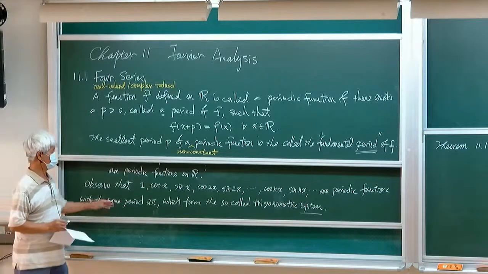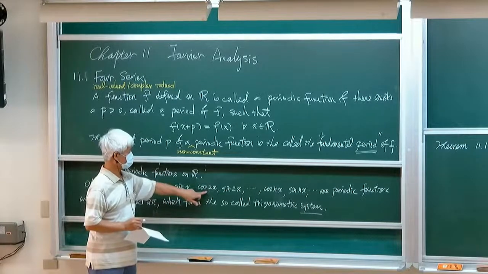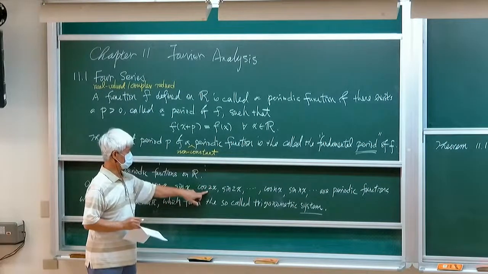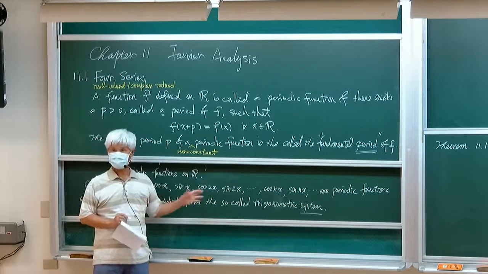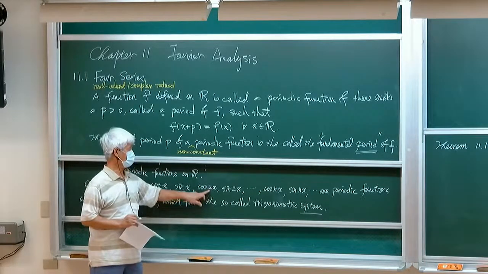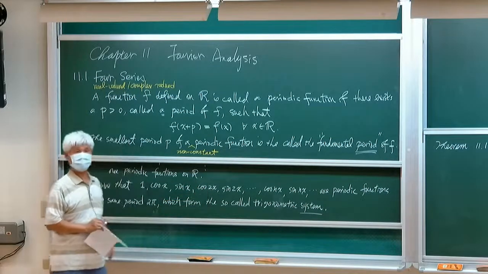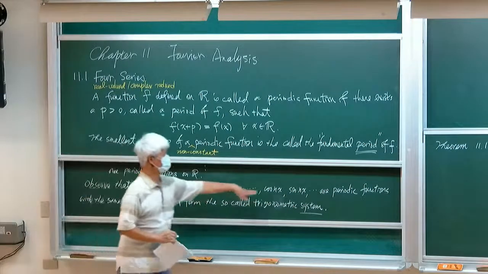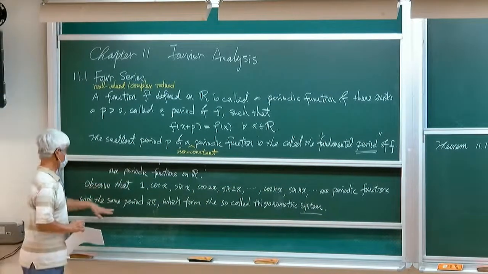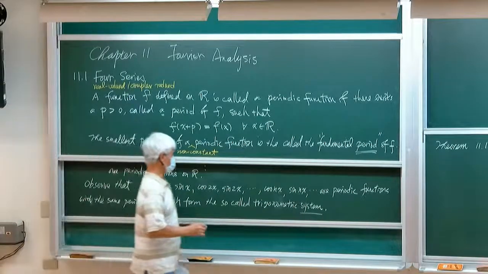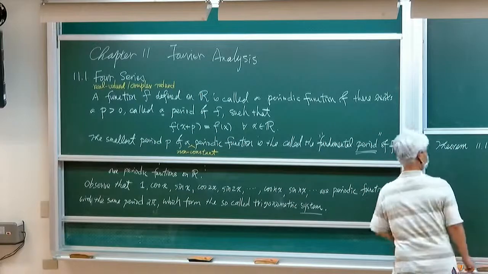Even though the fundamental period of cosine 2x is pi, right? It is pi. But 2 pi is still a period of this function. So we can say that this system has the same period 2 pi, and we call this a trigonometric system, right?